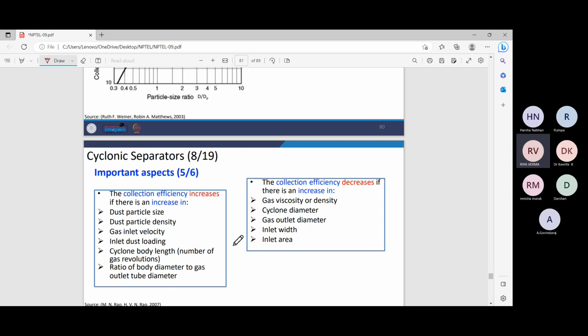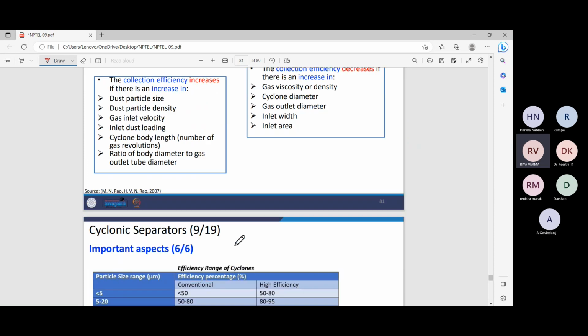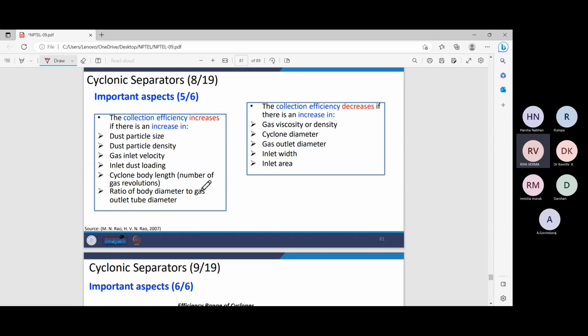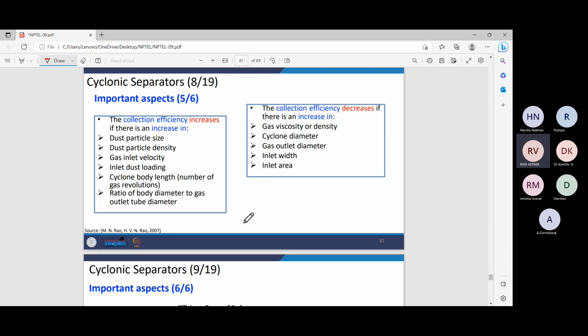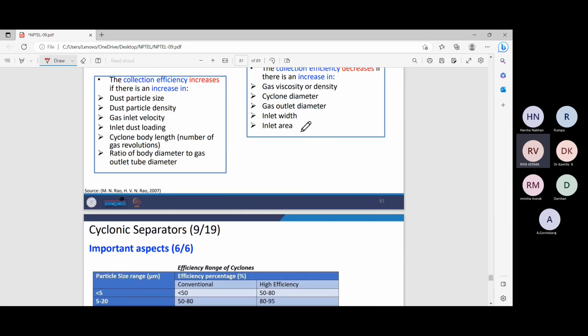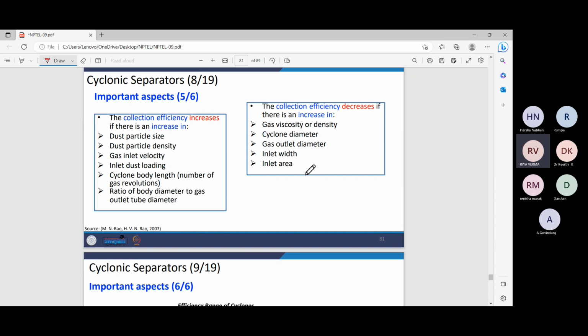And also the number of gas revolutions. You can understand this by using the formulas of D and DP. And the collection efficiency decreases if there is an increase in, first, gas viscosity or density. Then if the cyclone diameter is increasing, then ultimately the value of this F is decreasing, and then the collection efficiency will also decrease.